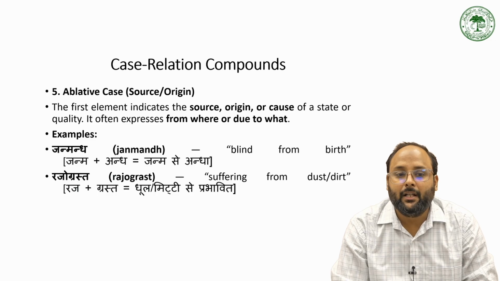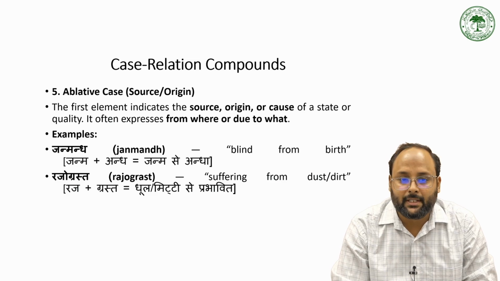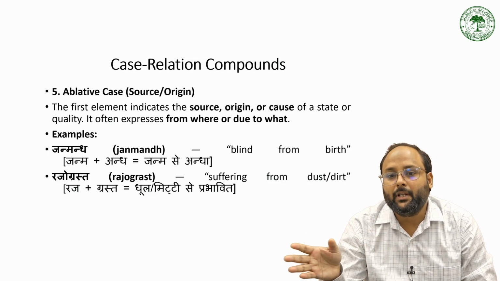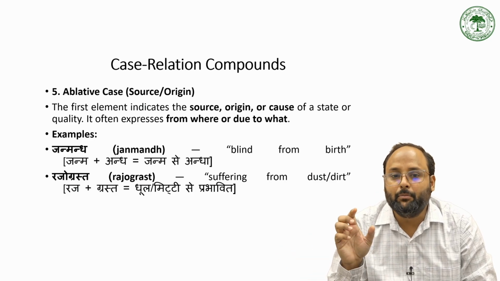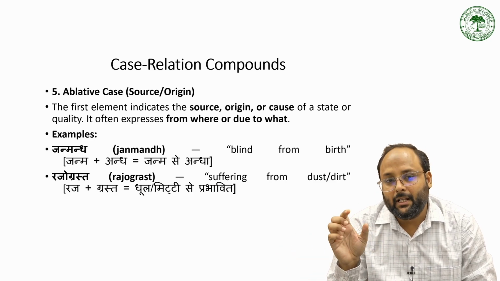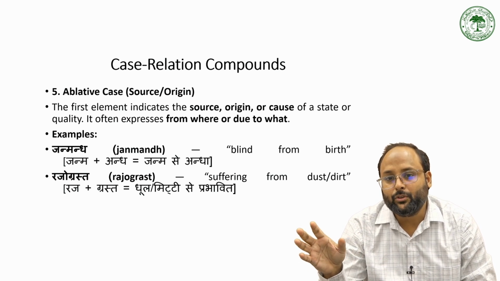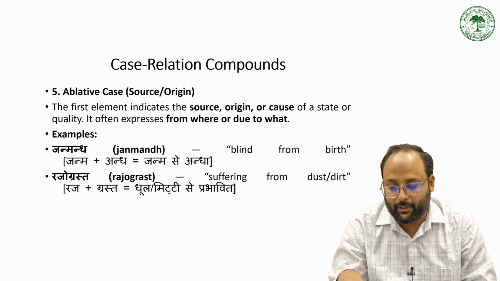And the second is Rajograst, meaning Raj se Grast, suffering from dust, dhul aur mitti se prabhavit. So that gives the meaning of the cause. Here the first element indicates the source, origin, and cause, and this meaning is derived by the second element.